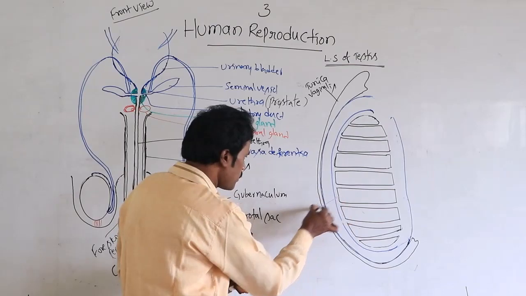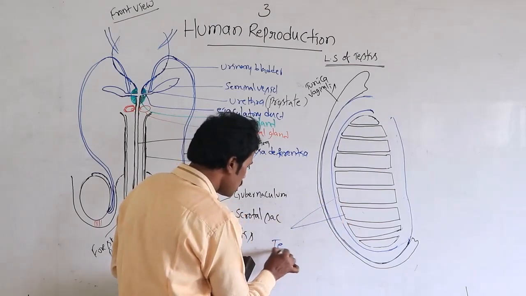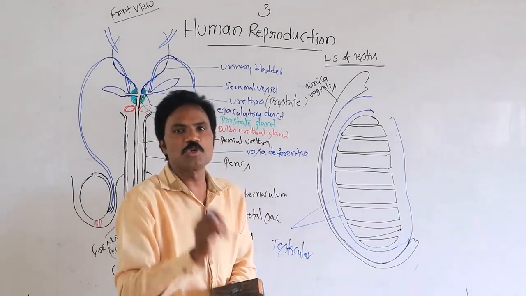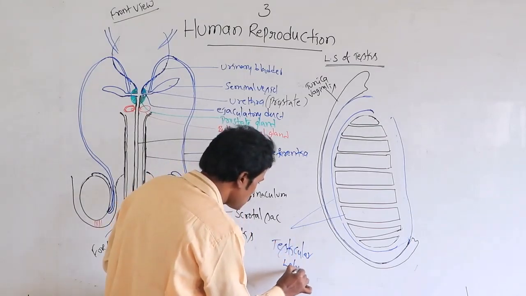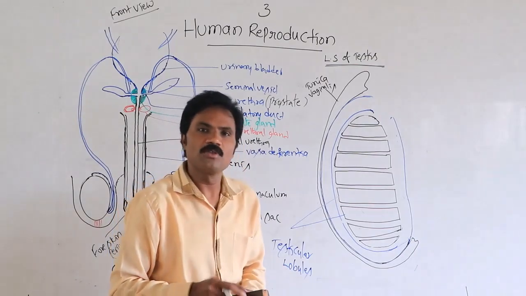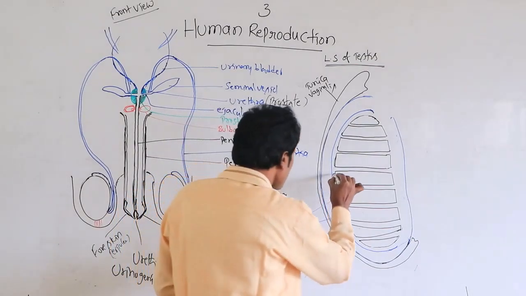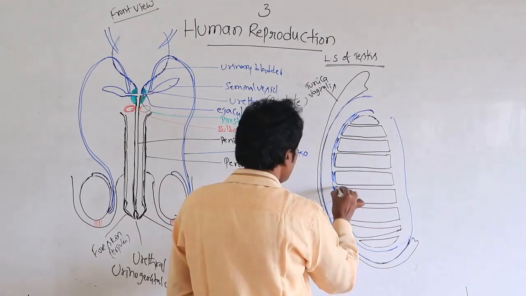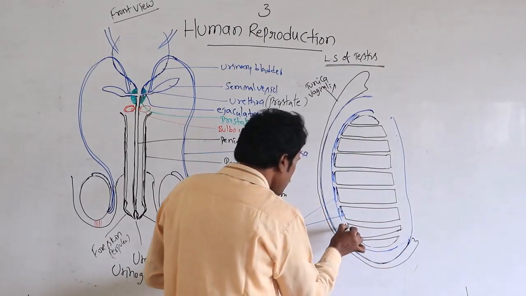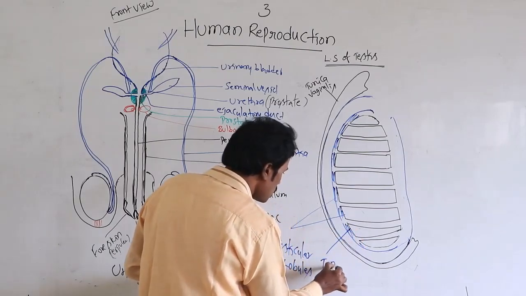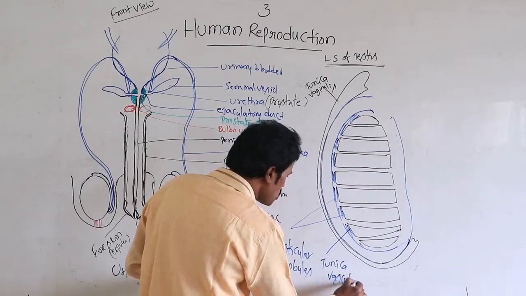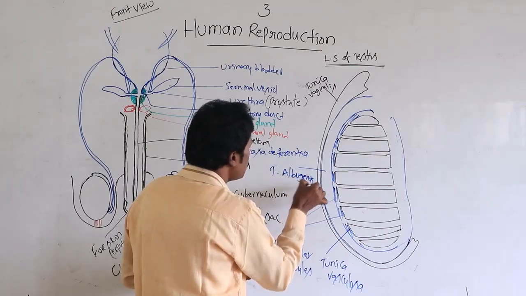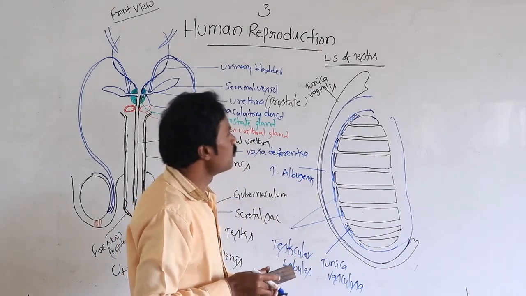This particular part represents testicular lobules, 250 of them. Here, a little bit of the tunica vaginalis part is also present. The inner layer we call the tunica vasculosa, and this part is the tunica albuginea.